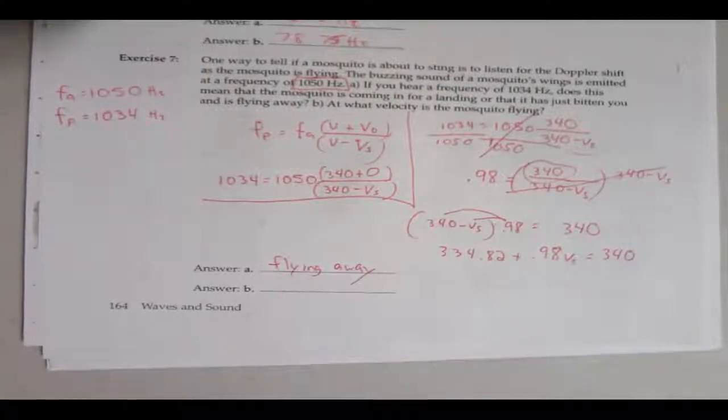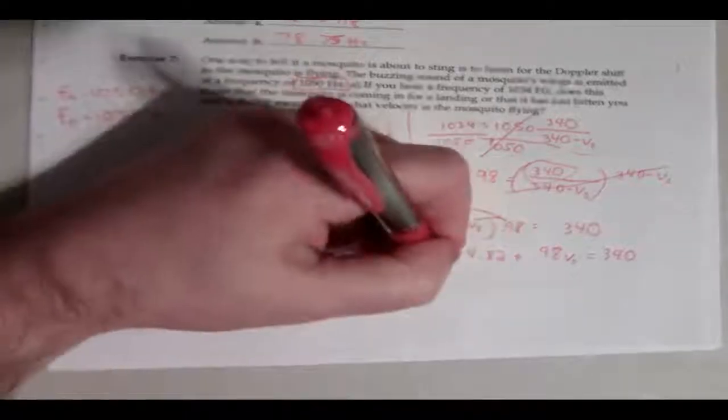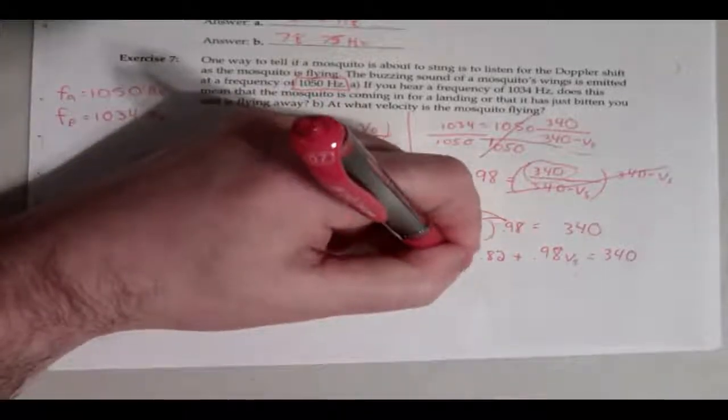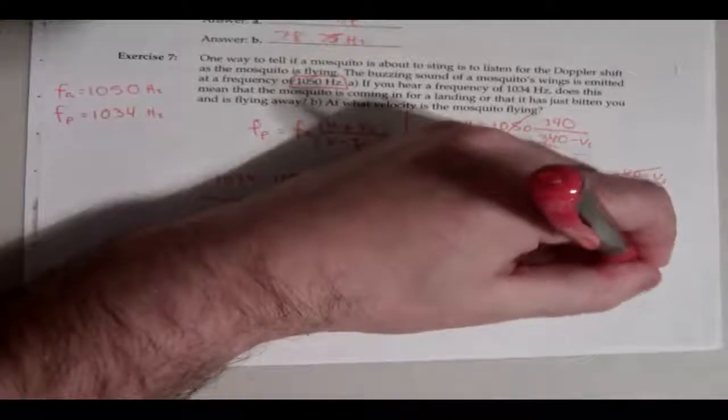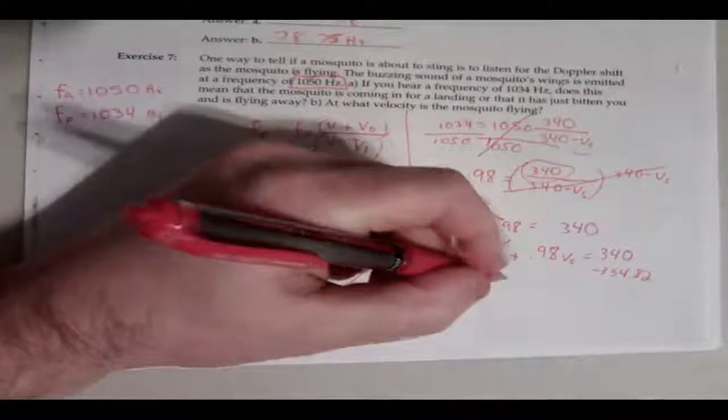It's a lot of numbers, but it's super basic Algebra 1, so fear not. And you guys probably can do the rest from here, but I'm going to keep doing it anyways. Now, let's minus this over. Minus 334.82 cancels out.